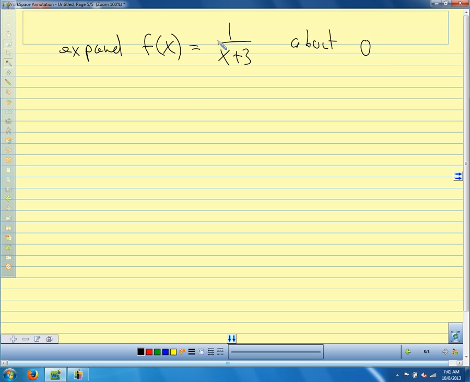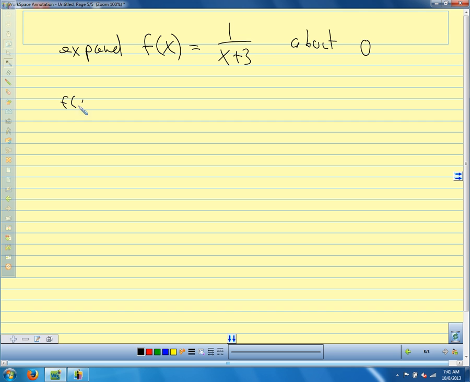So then, expanding about 0, because 2.8 is closer to 3, this would give us a little closer approximation, we would hope, to 1 over 2.8. So just another way we could go about this. So let's look at this one. We'll do a few Taylor polynomials for this one.